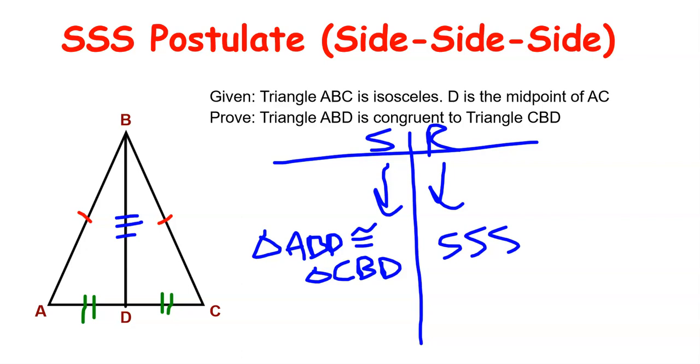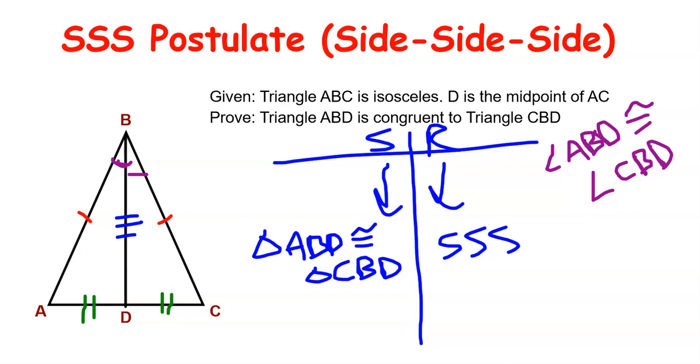We wanted to prove that angle ABD is congruent to angle CBD. And once we have side-side-side, we can say that that's true. Those are corresponding angles in the two triangles. They exist between the congruent sides of the isosceles triangle and the reflexive side BD that's shared in blue.